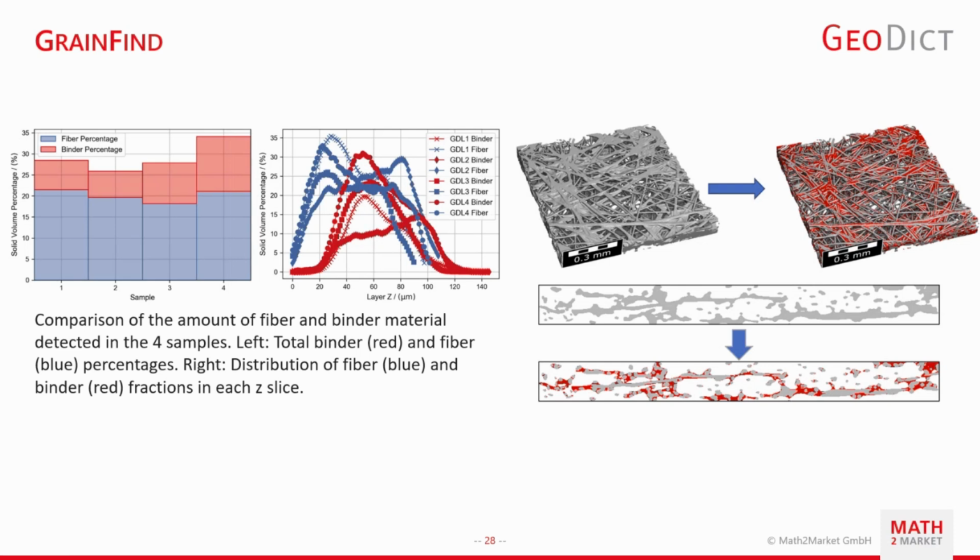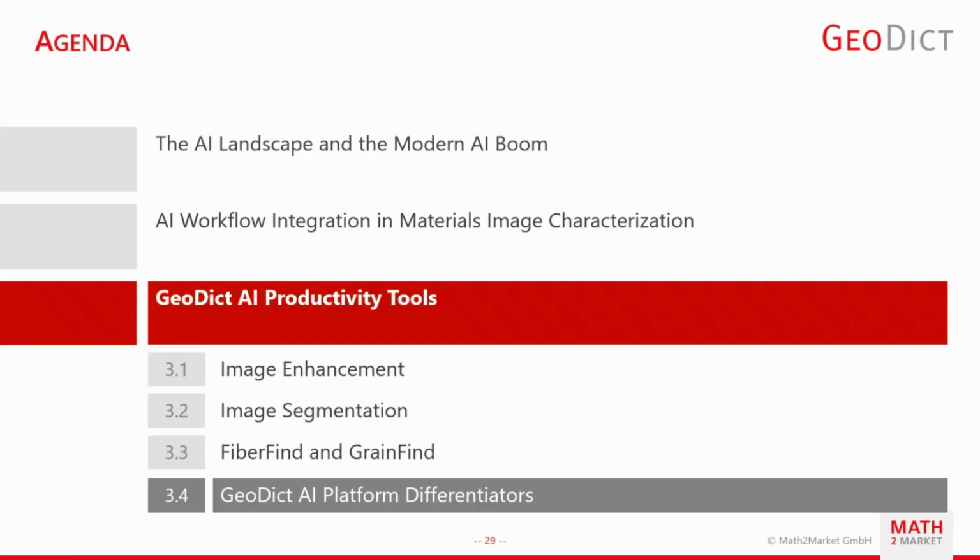But importantly, at the end of the day, you have what you see on the right, which is a 3D microstructure of the foreground material that's delineated between where the fibers start and stop and where the binder begins and ends. That material characterization is exactly what you need, and that's exactly what you're getting.